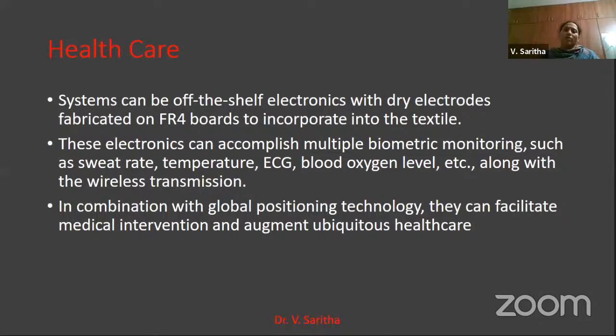Let me say in this present pandemic situation, if oxygen level is decreasing, we need to really worry. So when the oxygen level decreases, immediately it should be made known to the individual and also the near ones or family doctors. Then immediate action could be taken and we can save the life of a person. So these kinds of things need to be incorporated in healthcare applications.